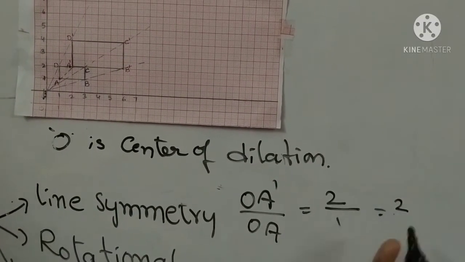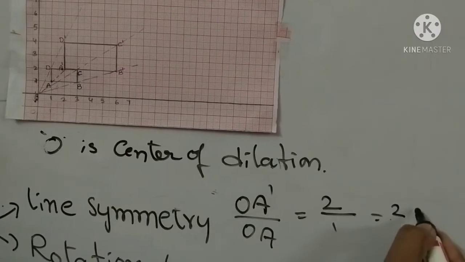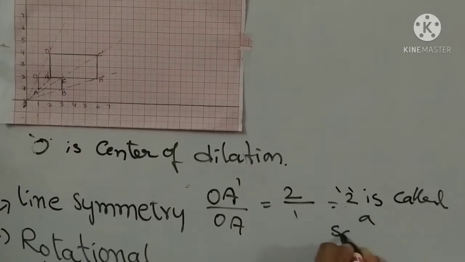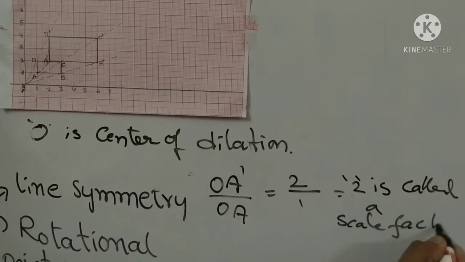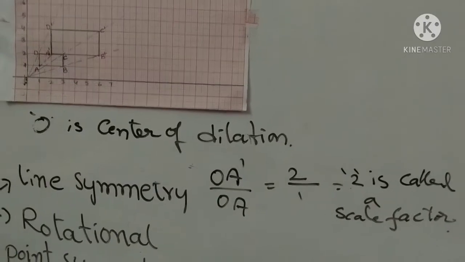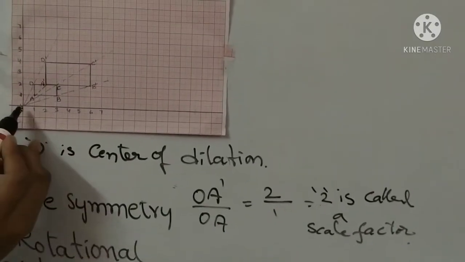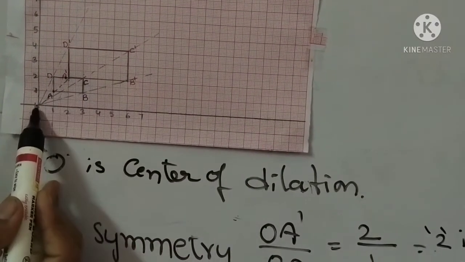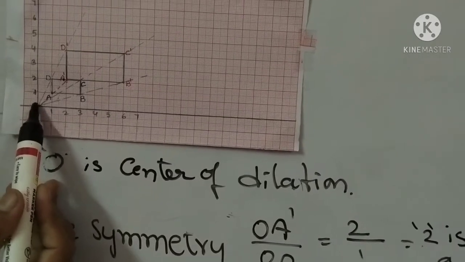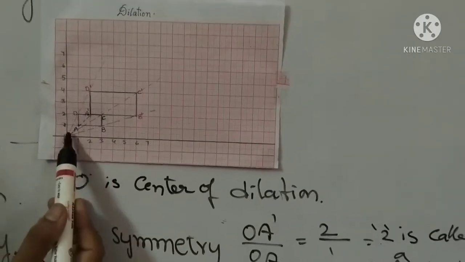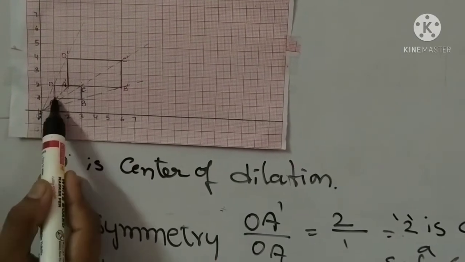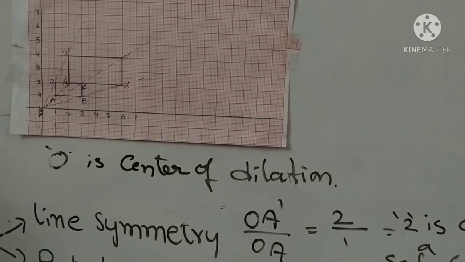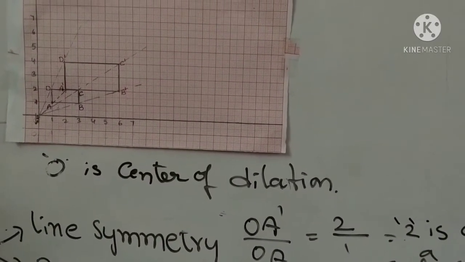So that is 2, which is called the scale factor. Did you understand how to find the scale factor, children? OA dash by OA: 1 unit plus 1 unit is 2 units, 2 by 1, so 2 is called the scale factor.